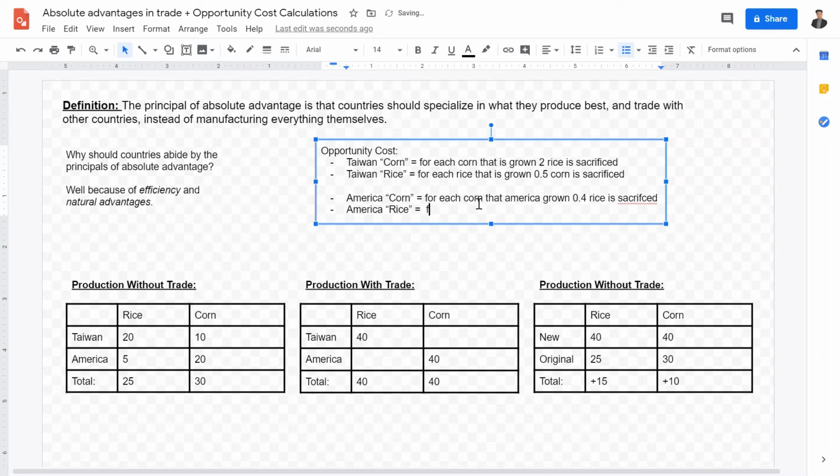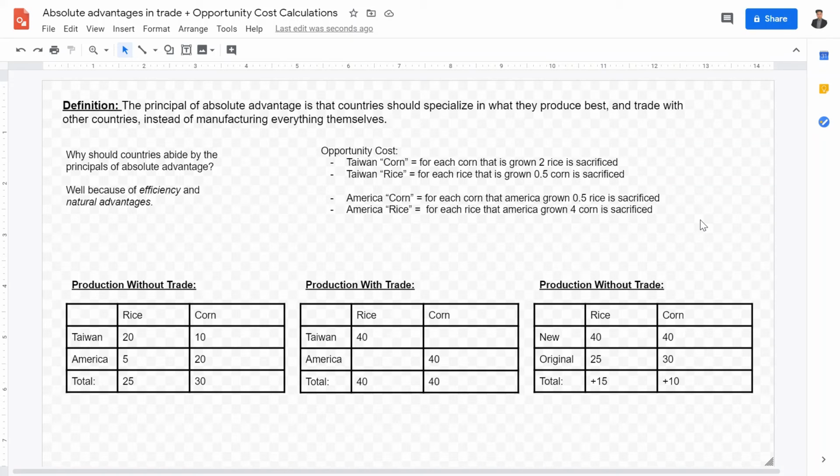And for each rice that America grows, 4 corn is sacrificed. There you go. So that is the opportunity cost for growing either rice or corn for the respective countries without international trade.